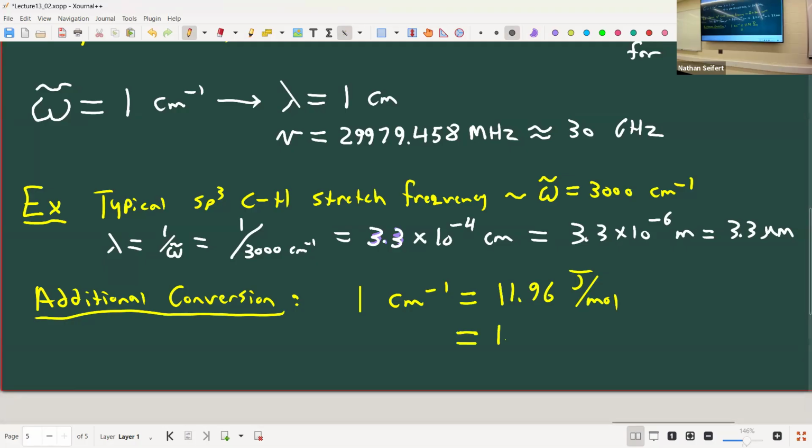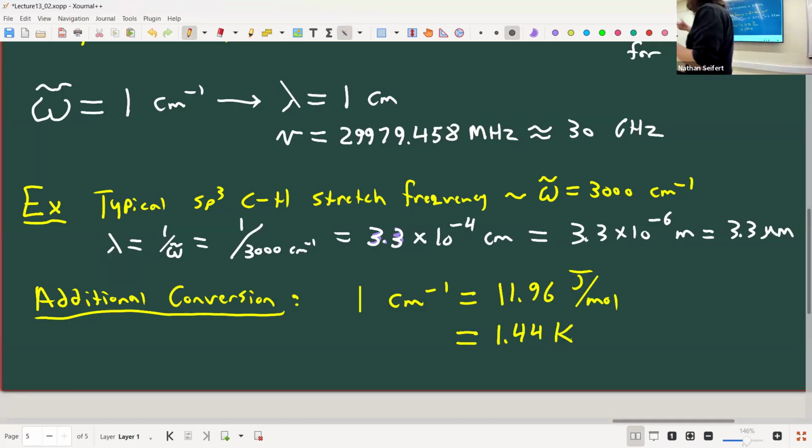This has an equivalent temperature of 1.44 Kelvin, right? Another interesting thing: if you increase your energy by 1 wave number, that's roughly equivalent to increasing the temperature of your system by 1 Kelvin. Very nice unit. And do I have any other ones that are useful? No, that's it. Those are probably the other two.